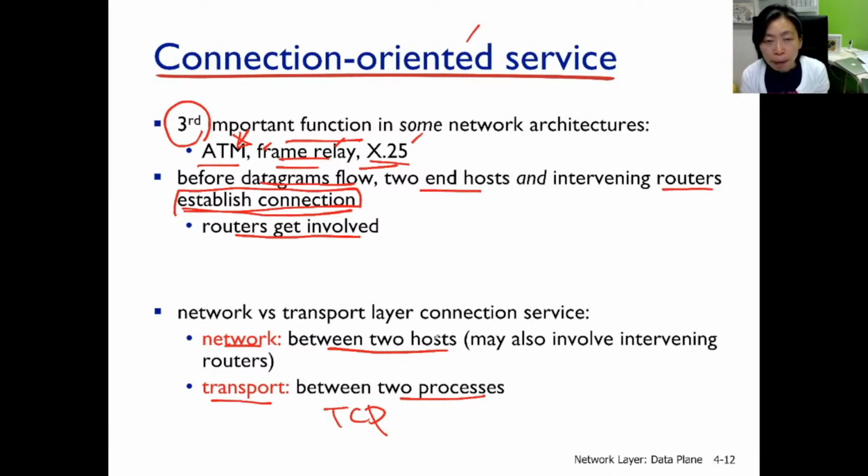But be careful. The internet at the network layer does not implement connection-oriented service. However, at the transport layer, it implements connection-oriented service. So just be clear. The internet, the subject we're talking about and will continue to talk about, does implement connection-oriented service at the transport layer, but not at the network layer.